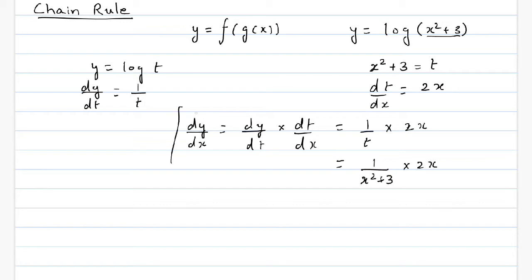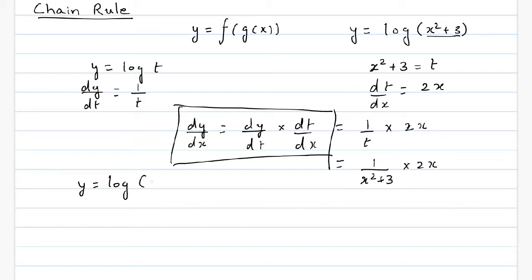This particular method is called the chain rule, where we substitute one function of x which was inside another function. Now you can skip the substitution part and directly solve this as well. I can say, first of all, when I have y is equal to log of x square plus 3, first I will differentiate log, and we know for log differentiation is 1 by x.